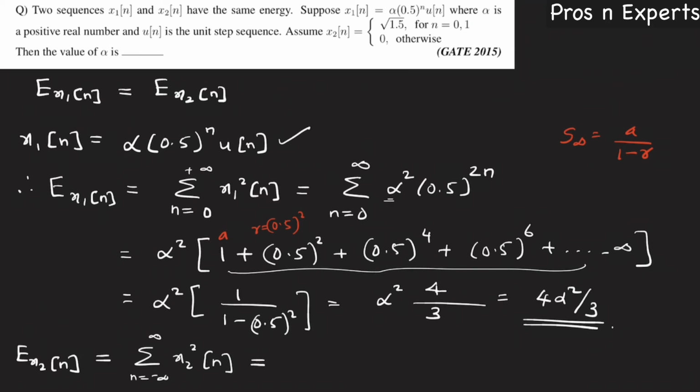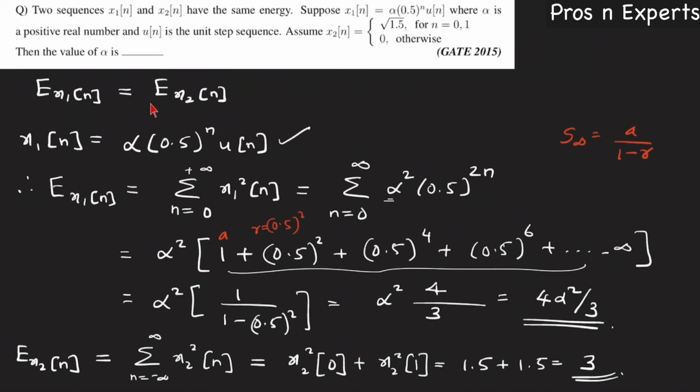So x2 square of 0 plus x2 square of 1. x2 square of 0 is root of 1.5 square, which is 1.5, plus x2 square of 1 is also 1.5, that is 3. So we got E of x1 of n as 4 alpha square by 3 and E of x2 of n as 3.